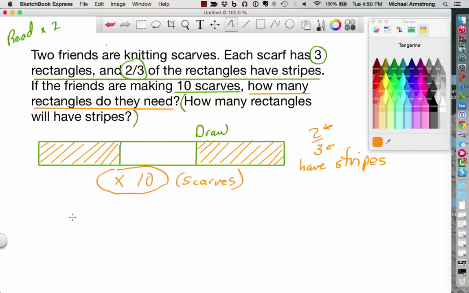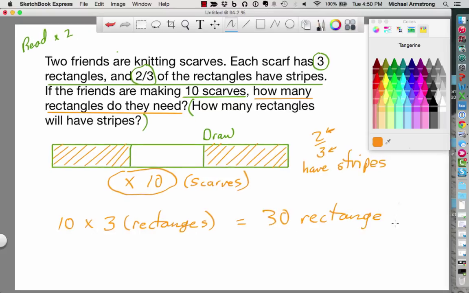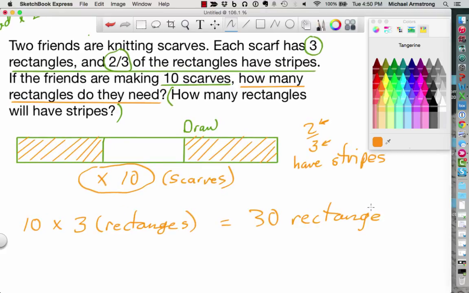If we had 10 scarves, we would have 10 times 3 rectangles, because each scarf has 3 rectangles, equals 30 rectangles. And then we notice that 2 out of every 3 of the rectangles have stripes. And so how many rectangles will have stripes?